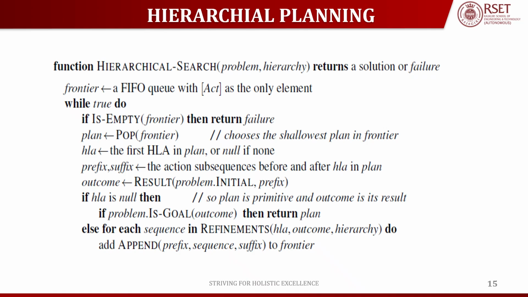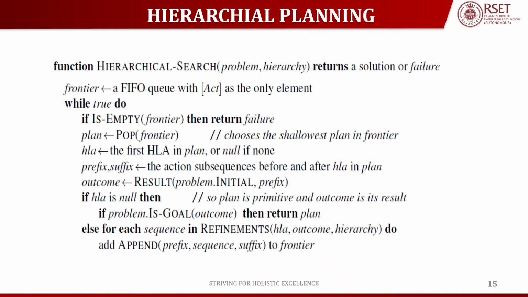So, in short, if you are describing the working of this algorithm, you are starting with an abstract plan, and then from that you are moving to your next stage, that is pick plan from the queue. And if there is any HLA, then you have to refine it into smaller plans. And you have to add the new smaller plans to the queue.